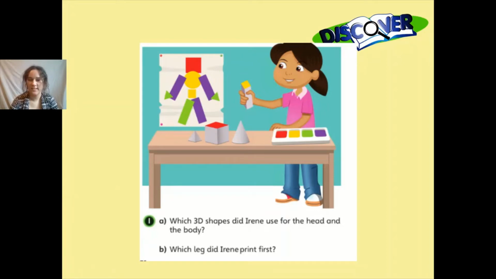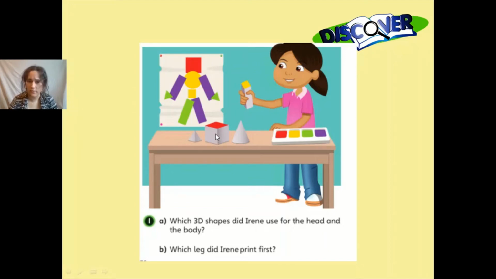Have you worked out the answer? Well done. I can see for the head that Irene has made a square, and this square is quite big. If I look at my shapes, I can see the pyramid has a square face at the bottom. The cube has lots of square faces. All of its 6 faces are square.